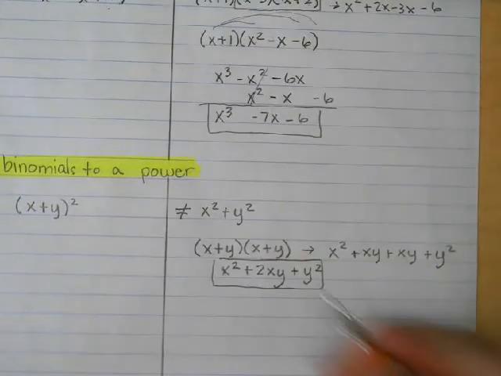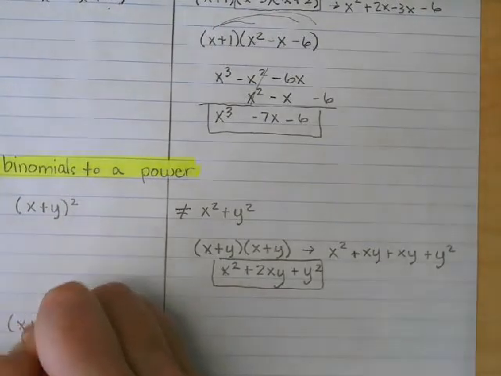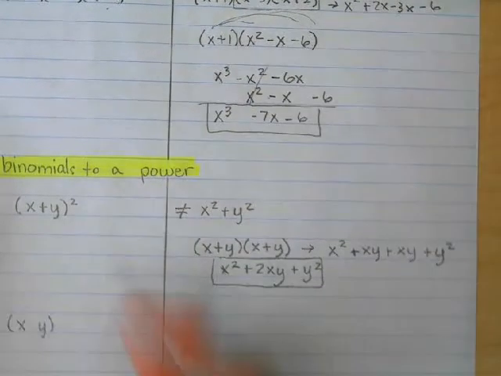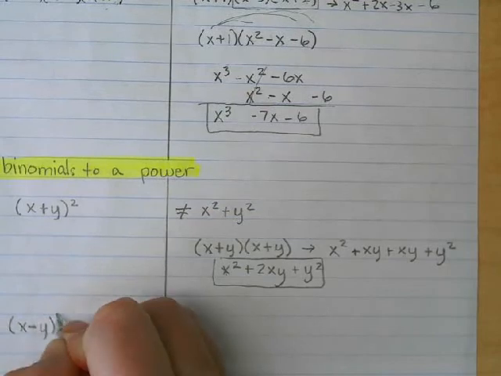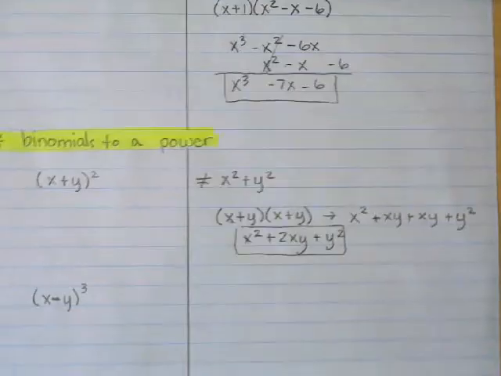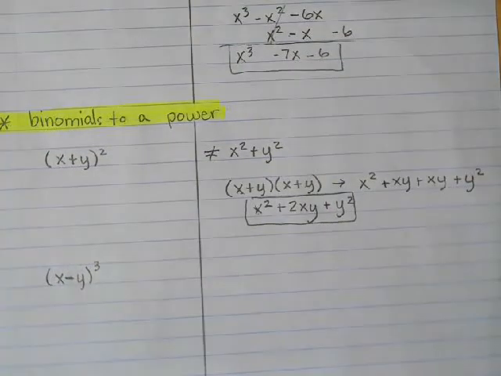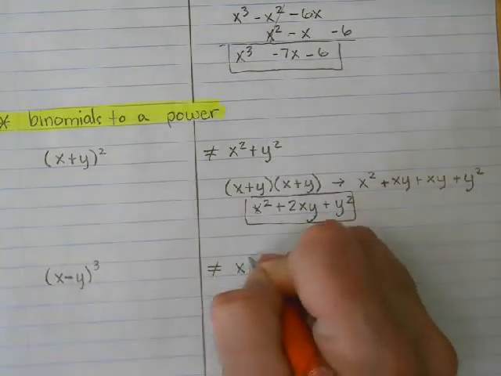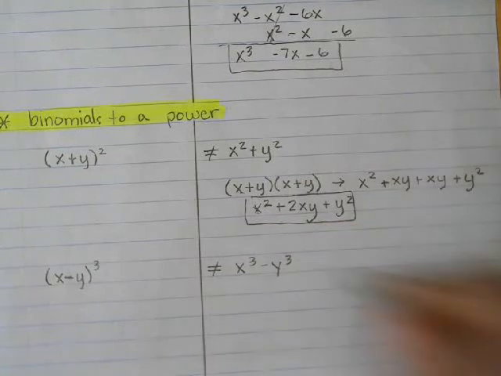Okay, let's say that we had something like x plus y, or let's put a minus in here. Let's make it a little more fun. Cubed. Okay, so there's a binomial cubed. So again, that is not x cubed minus y cubed.